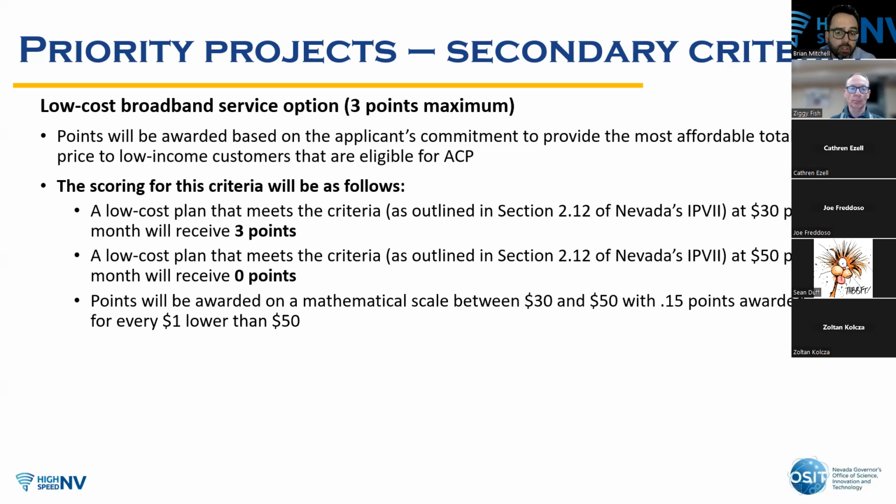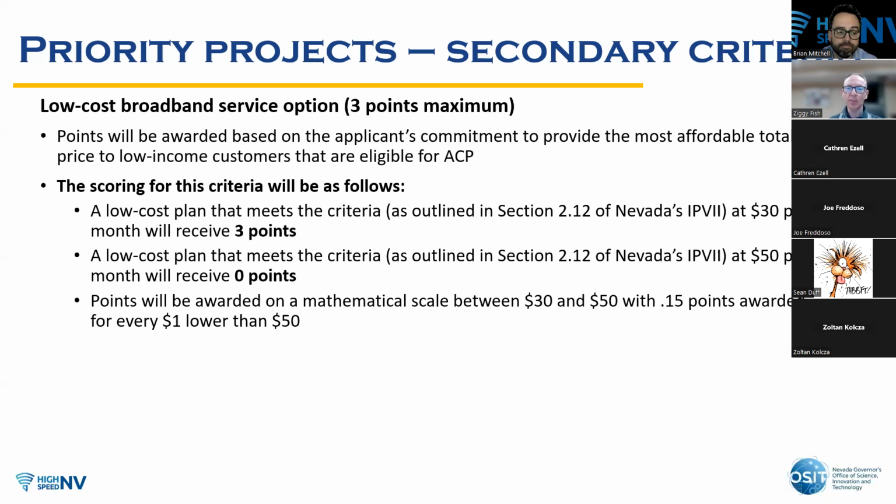Ultimately, applicants are required to offer a low cost plan at $50 a month. If you offer a low cost plan that's less than that, that's how you get points in this particular scoring criteria. But if you choose not to offer something at a lower price point, then the $50 is the ceiling there. So just want to make sure that aspect is clear.